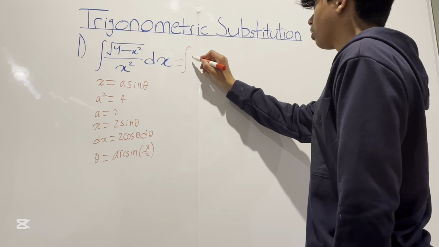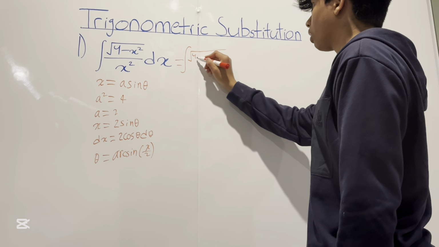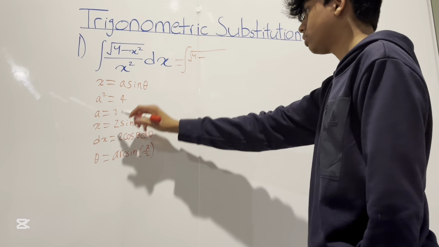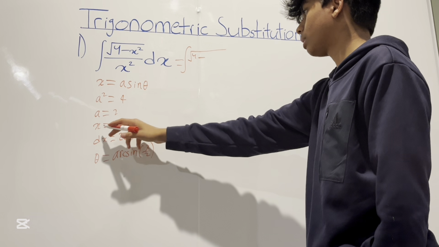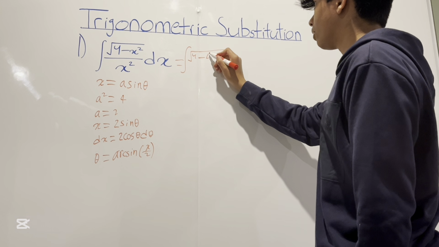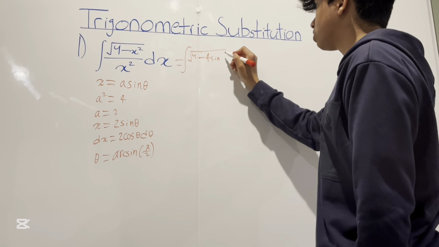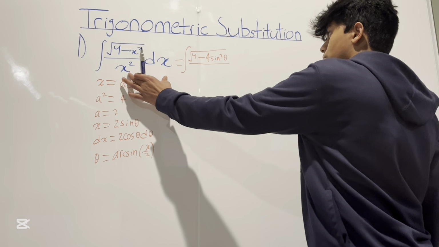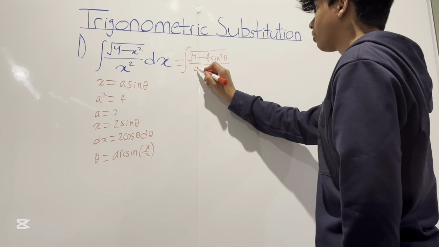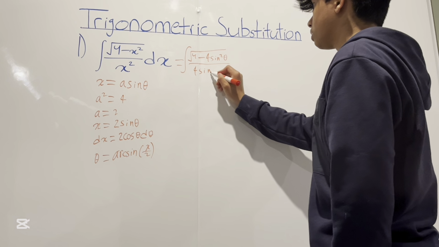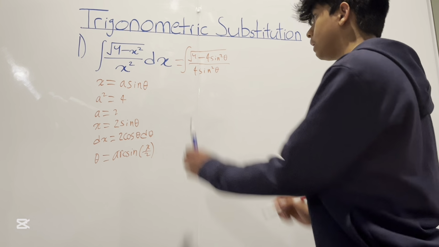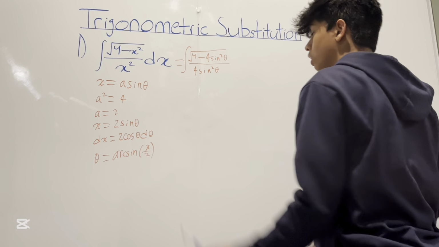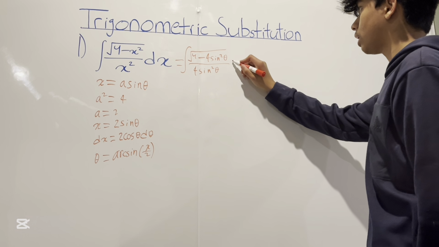Now let's actually plug everything into the integral and see what we can get to. So this can be the integral of the square root of 4 minus x squared. If we square both sides, x squared is 4 sine squared theta, divided by x squared again, which is the same thing, 4 sine squared theta. And dx we said is equal to 2 cosine theta d theta.